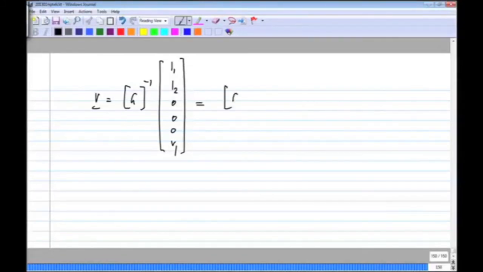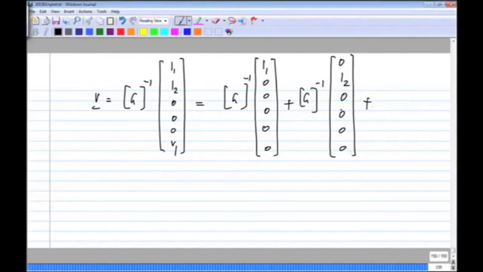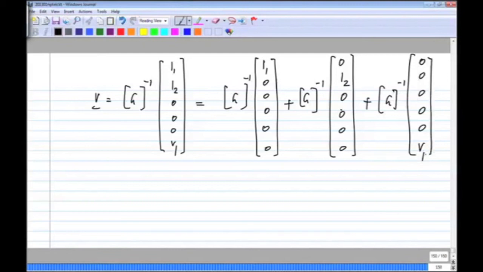So this is the same as what I am writing now. This is the solution to the node voltages, the unknown vector, when all sources are acting together.